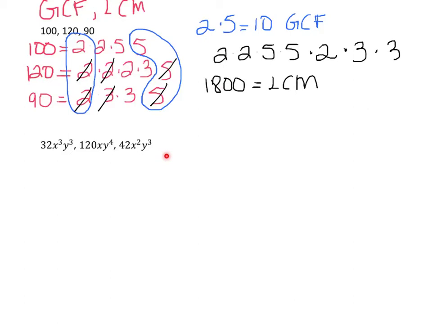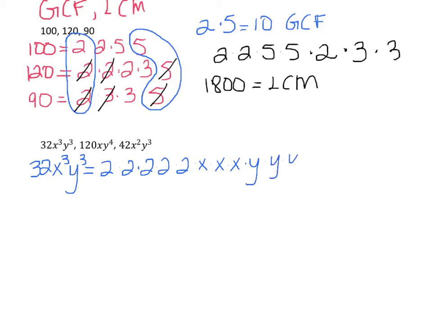So on the first one, prime factorization of 32, that's 2 to the 5th power. There are 3 x's and 3 y's. For 120, I know that that is 3 2's, a 3, and a 5.